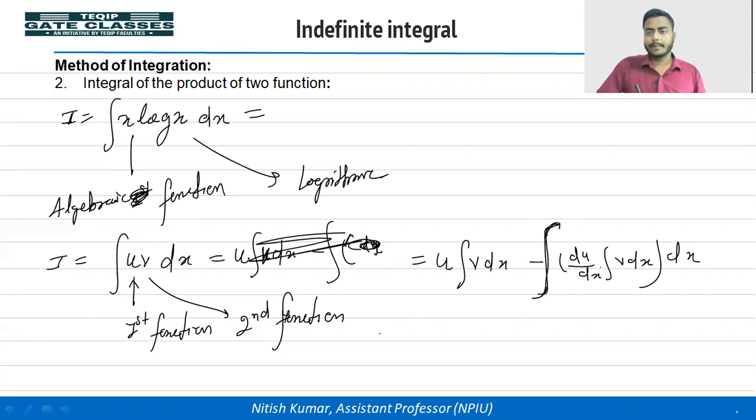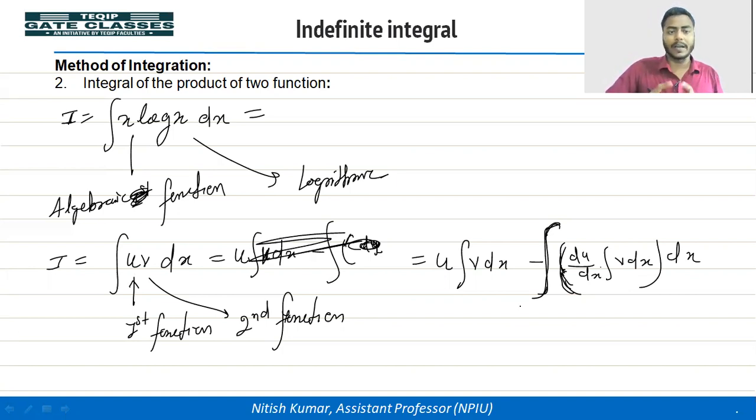So u into integration of v dx minus integration of du by dx into integration of v dx with respect to x. This is a general formula you have to remember. So first function and second function. In this case, u is the first function and v is the second function. How can we choose the first function and the second function? Which one is u and v?